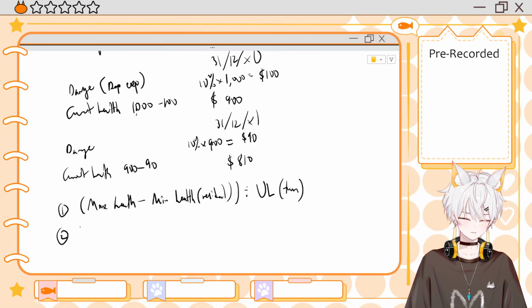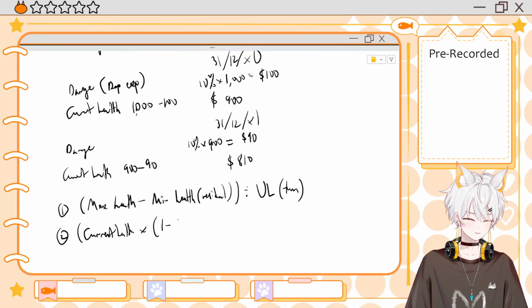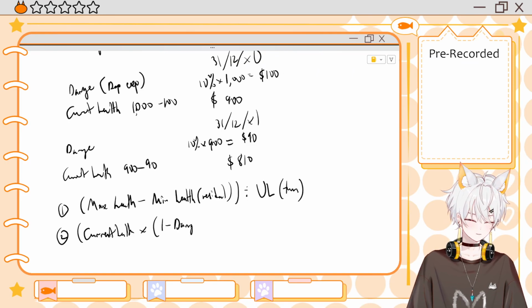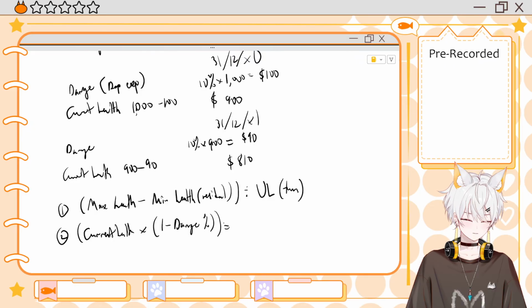The second one would be your current health times 1 minus your damage percentage. And this one would be annual depreciation.